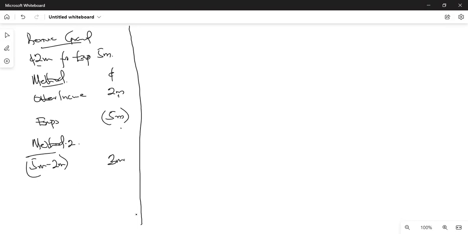Now, what about the capital aspect? Say you are going to buy an asset of 10 million, for a useful life of 10 years, and the government also gives you a grant of 5 million. For method one, you are going to offset it.